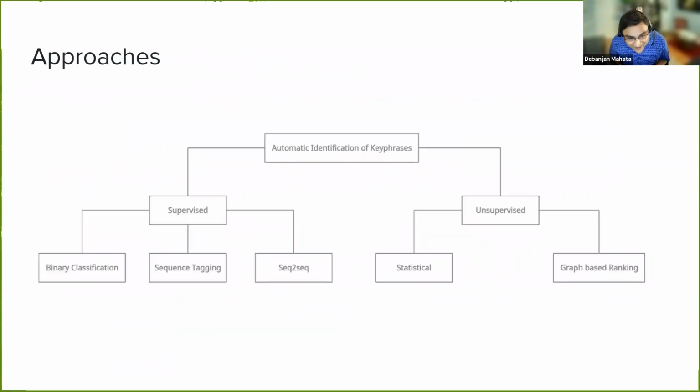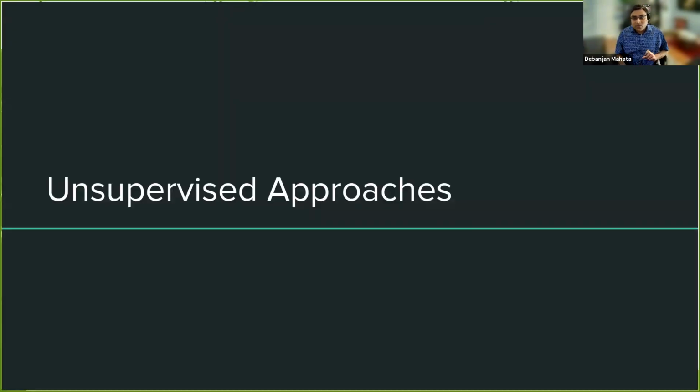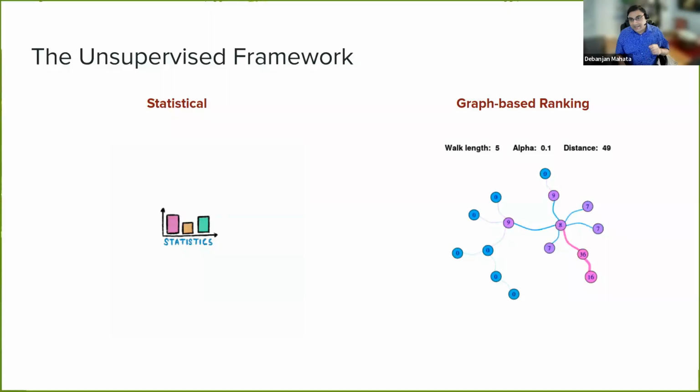So these are the common approaches then. There are supervised approaches and unsupervised approaches. In supervised approaches, you have binary classification, sequence tagging, then sequence to sequence, and in unsupervised approaches, you have statistical and graph-based ranking. So let's quickly go through unsupervised approaches. As I said, there are two kinds, statistical and graph-based ranking.